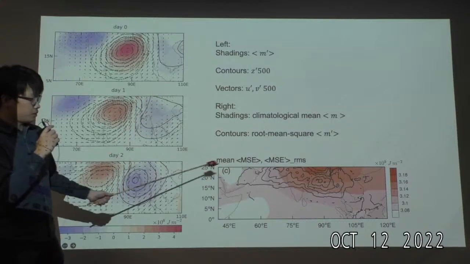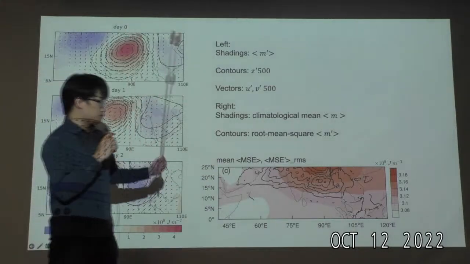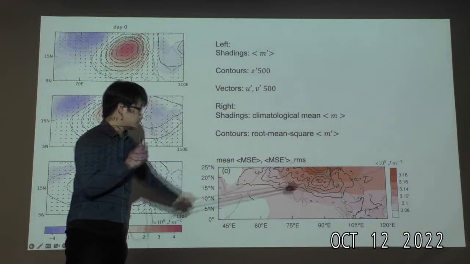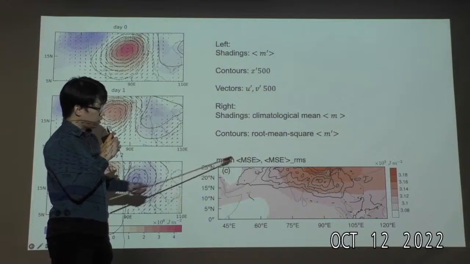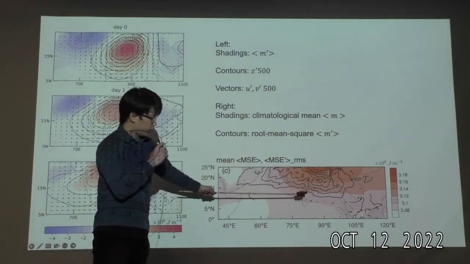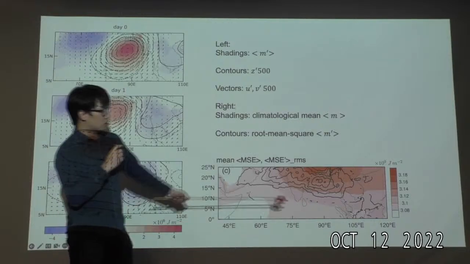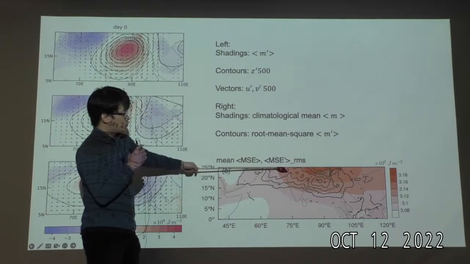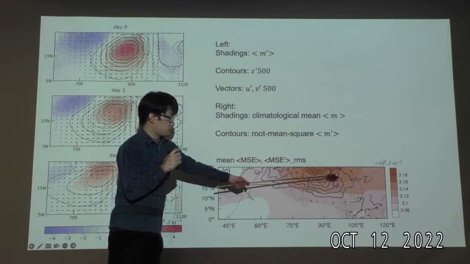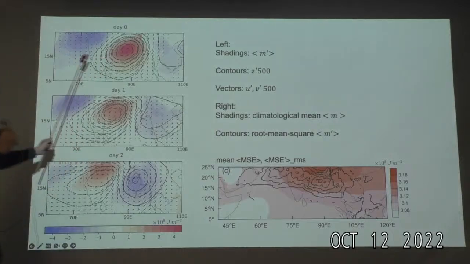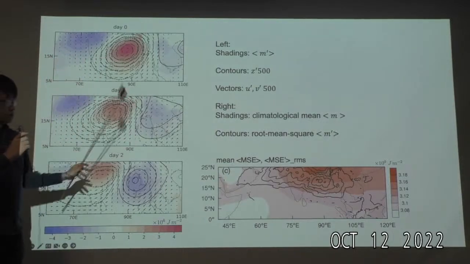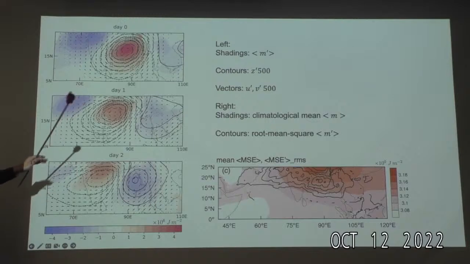So if we do a rooming square of these 5 panels and put them here as contours, and we calculate the climatological mean MSE and put it here as the shadings, you can find that the contours are kind of following the isoplot of the shadings, which means the movement, the propagation of this system is kind of following the variation of the climatological averaged MSE.